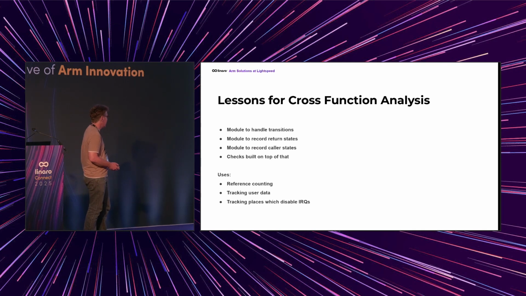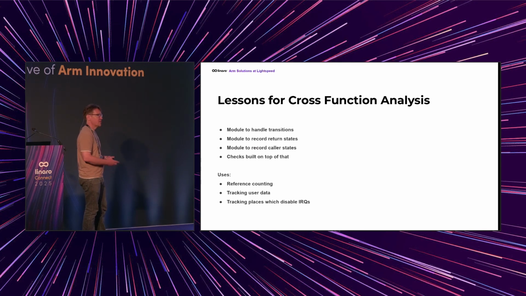So for cross-function analysis, this pattern, I use it over and over again. Transitions, return states, caller states, and then checks. So this works for reference counting, because functions might drop the reference count, and they might increment the reference count.